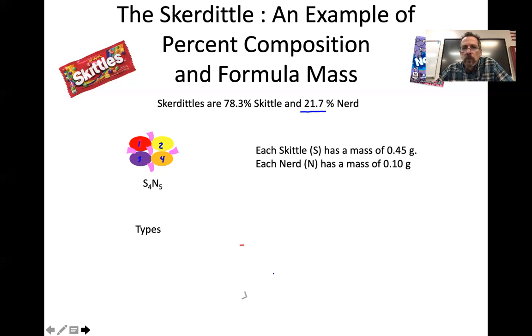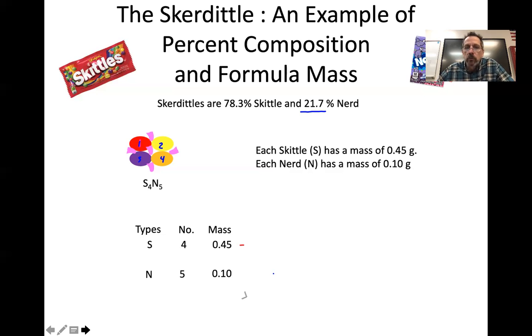So what we would do is break down the candy into the types that make it up: S, Skittle, N, nerd. We'd look at the counts, the quantities in one Skirdittle. There would be 4 Skittle, 5 nerd. Then we would factor in the mass of each. An average Skittle, 0.45 gram, and average nerd, 0.10 gram.